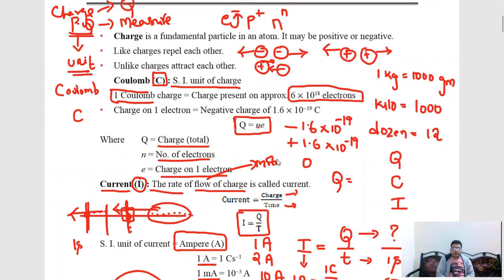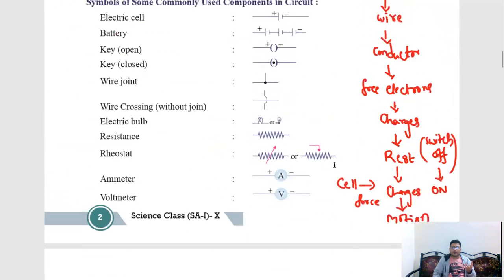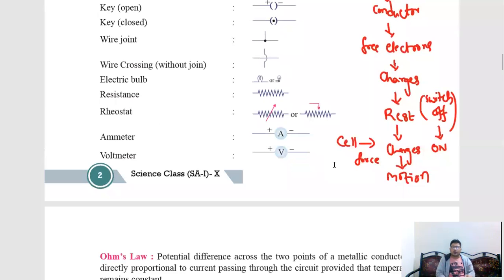Motion, movement, right? If the charges should move, you have to apply some force, right? In a circuit, who will give force? This cell will give force. Because of the force, the charges will be in motion. Motion means flow. Flow of charges is nothing but current.